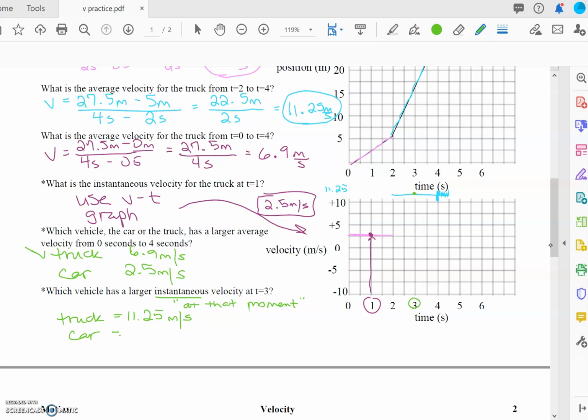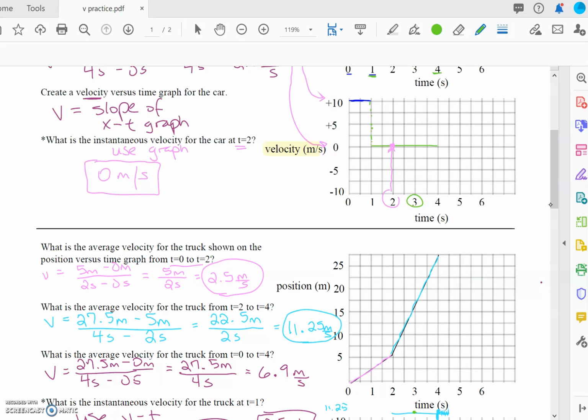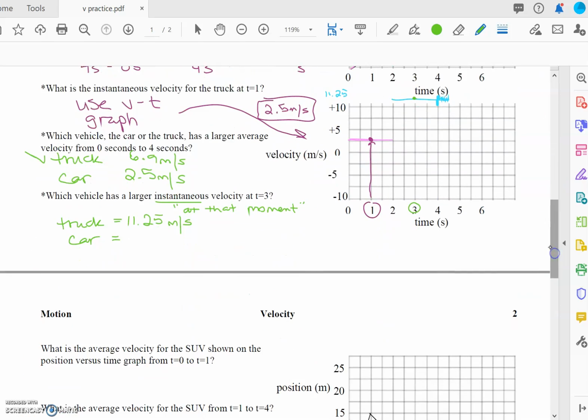And for the car, we're going to have to scroll back up to that graph. At 3 seconds, the car has an instantaneous velocity of 0 meters per second. Remember, it was sitting still. So the truck also has a larger instantaneous velocity at 3 seconds.